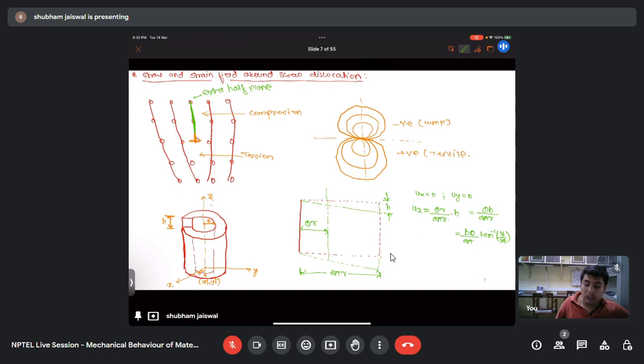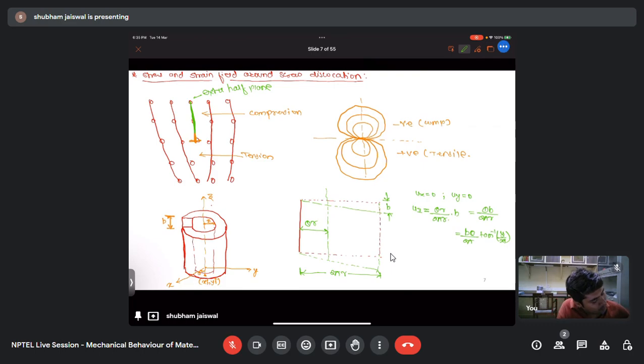So similarly, as there is no displacement in the uy direction, the strain in the y direction will be 0.